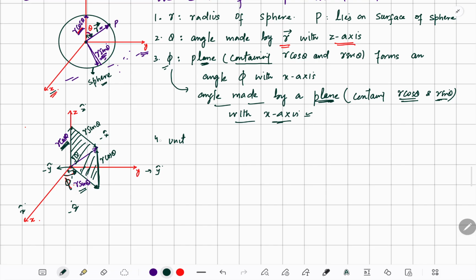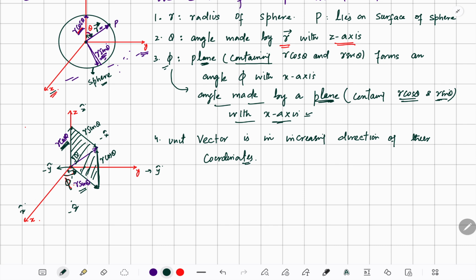The fourth point is the unit vector. A unit vector is in the increasing direction of its coordinates.